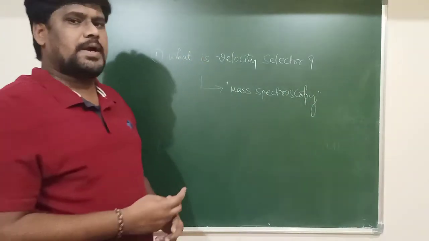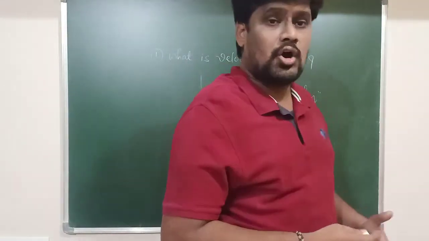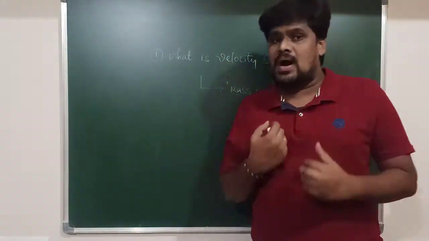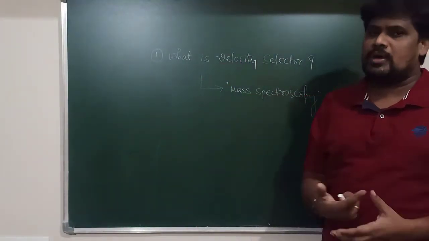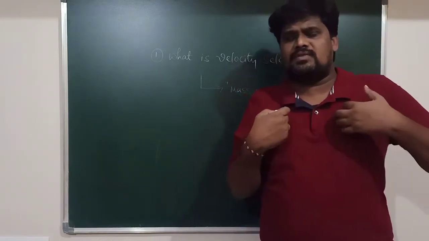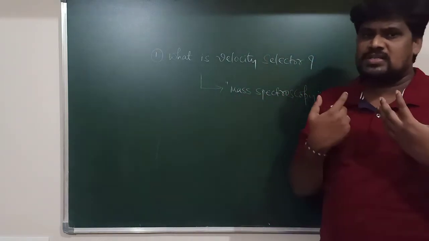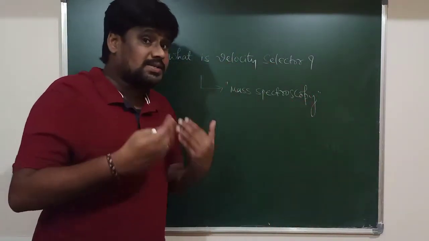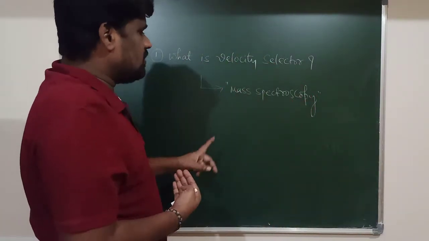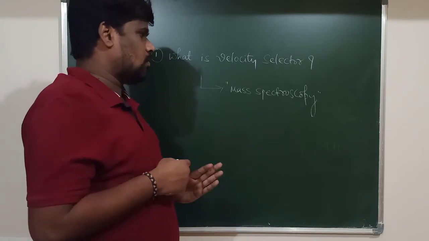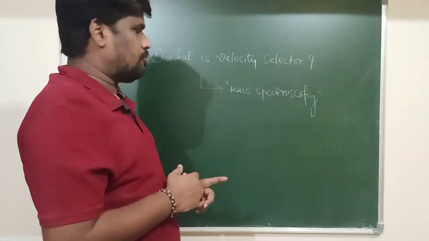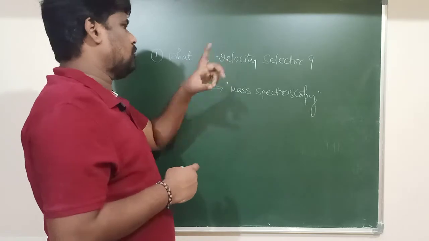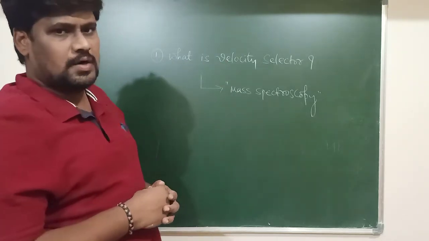Mass spectroscopy is a technique of determining the mass of subatomic particles, or the mass of the nucleus. The mass of the nucleus, of subatomic particles, or of atoms can be estimated with the help of the technique called mass spectroscopy. In this mass spectroscopy we are making use of the device called velocity selector.